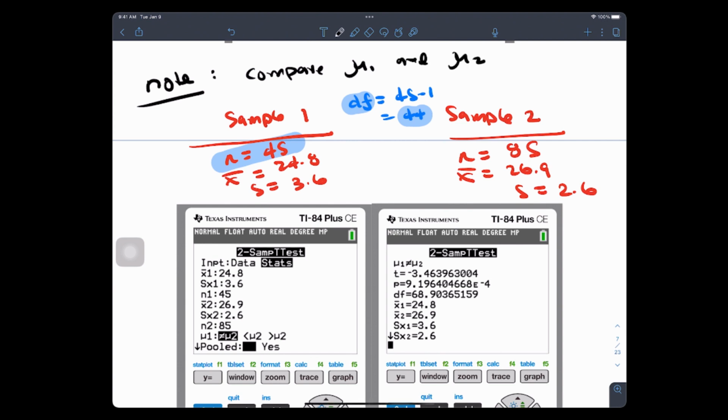It doesn't matter what the sample size is. Here's where the real assumption is. This and this are unknown. That's where the real assumption is, which is a valid assumption. That's what I'm going to give you. It's not going to be, "I got you, they're known." No.